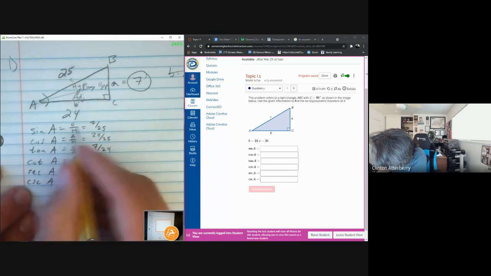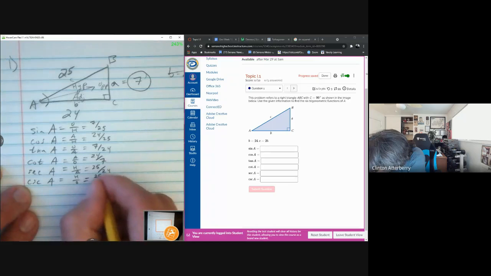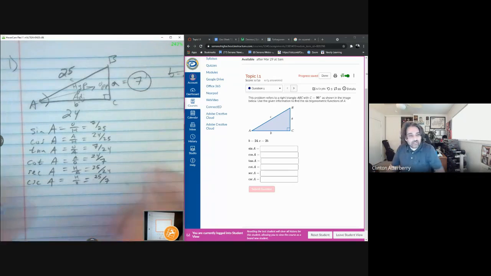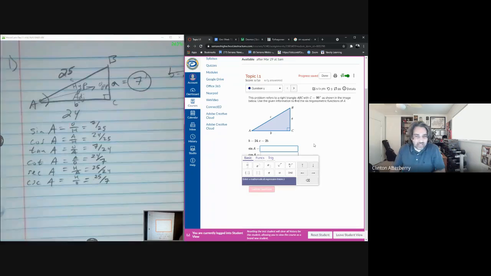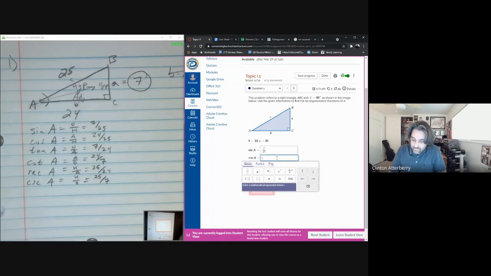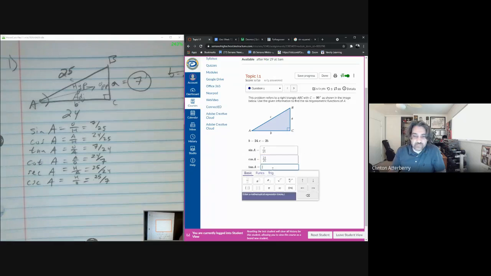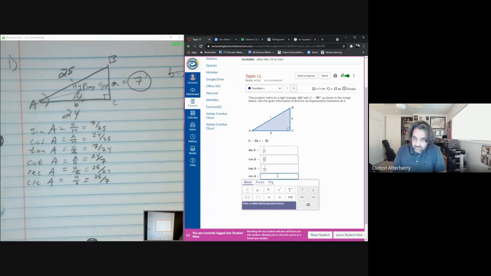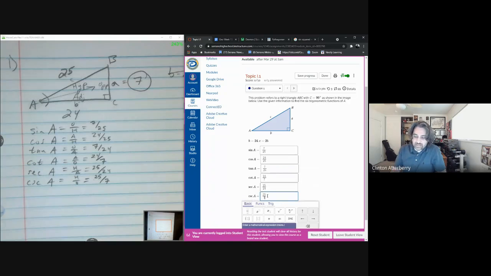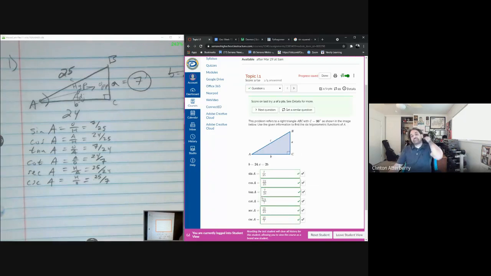And cosecant is the sine, but upside down. So I'll just type that in. The sine is 7/25. Cosine is 24/25. And 7/24. Cotangent is 24/7, secant is 25/24, and cosecant would be 25/7. Hit submit. 100%.